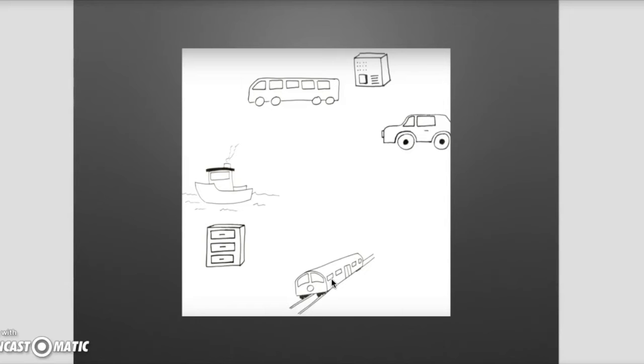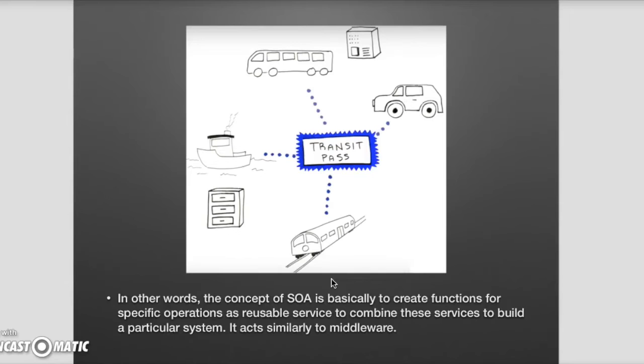So what SOA does is build a transit pass. This transit pass connects these services and allows each citizen to update themselves in one place.